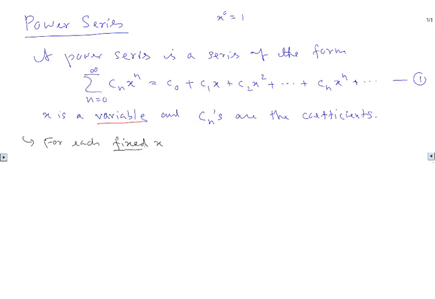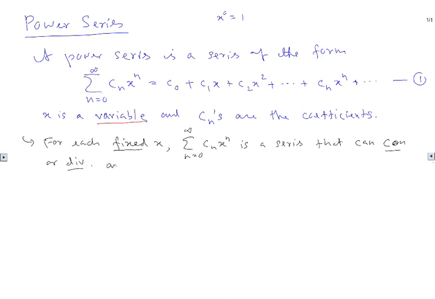So for fixed x, the sum from n going from 0 to infinity of Cn x^n is a series. So as we learned before, it's a series that can converge or diverge. Right?